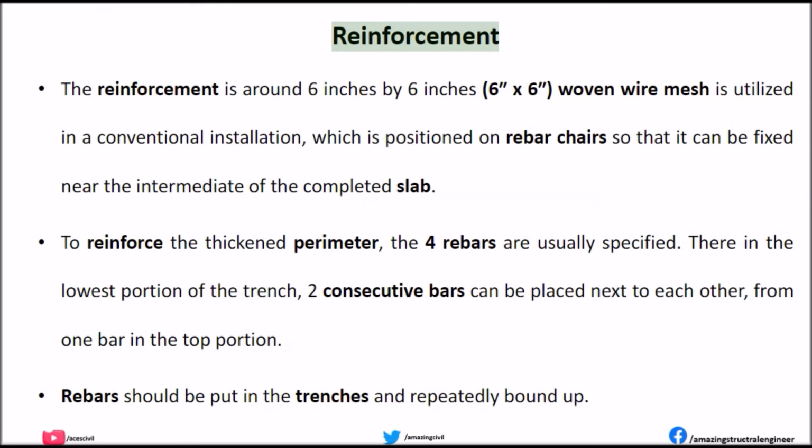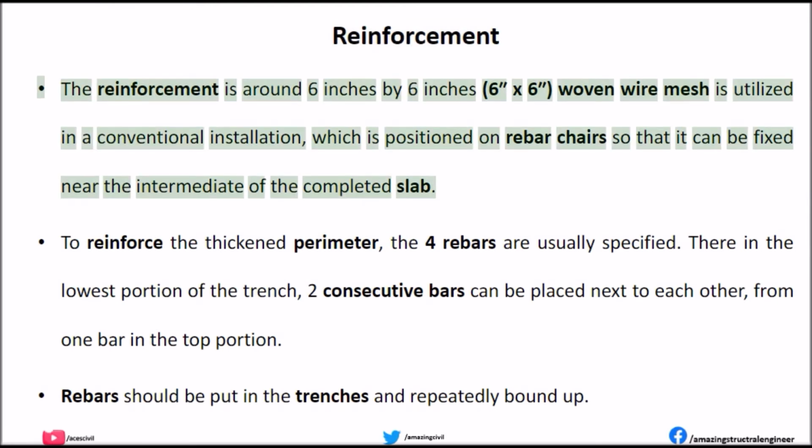Reinforcement. The reinforcement is around 6 inches by 6 inches. 6x6 woven wire mesh is used in a conventional installation, which is positioned on rebar chairs so that it can be fixed near the middle of the completed slab.